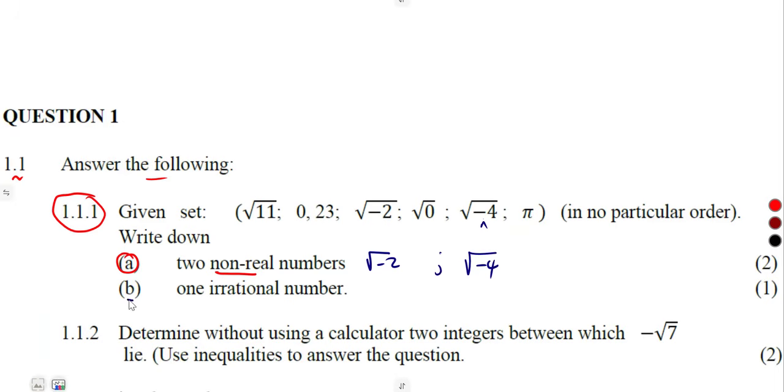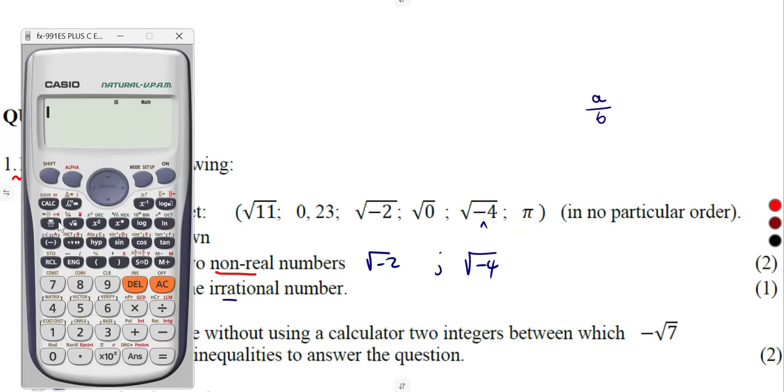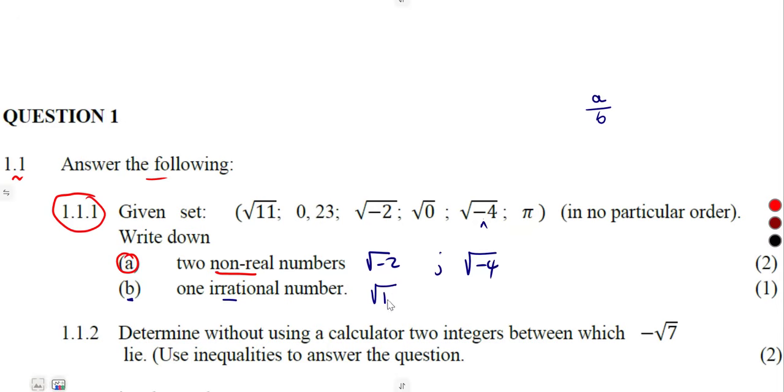Then B, one irrational number. Irrational numbers cannot be written in the form A over B, where A and B are integers. Those are endless decimals, such as the square root of 11. We cannot evaluate this one. It's an endless decimal, so that's an irrational number.